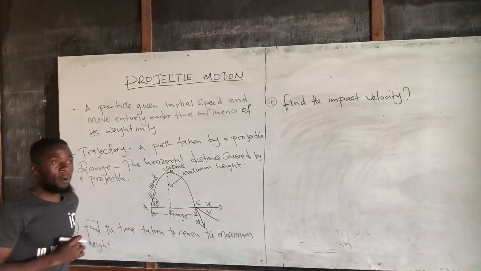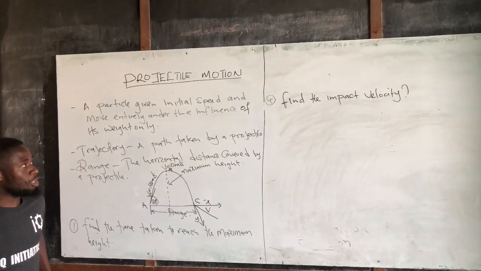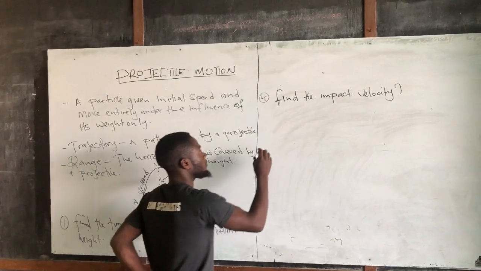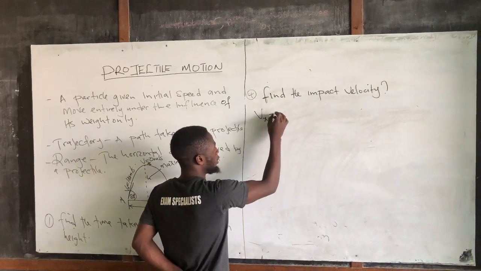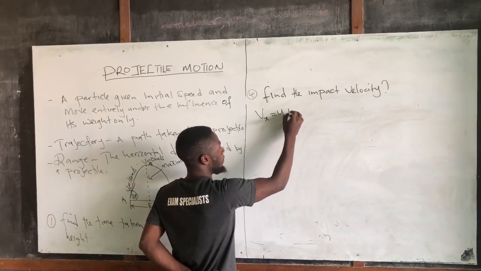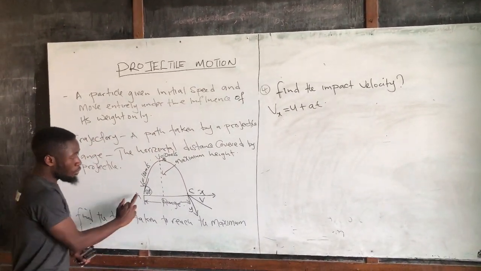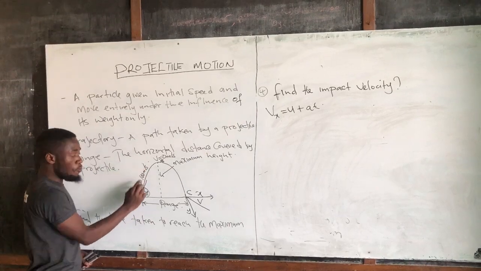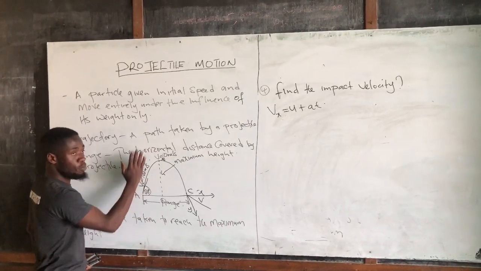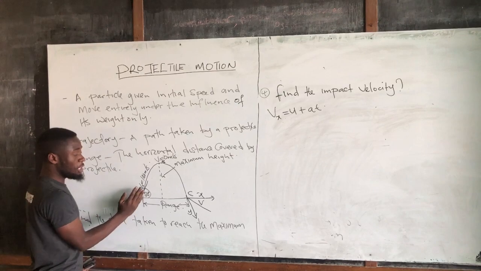So now let's talk about the velocity in the X direction. Say Vx is equal to U plus at. What is happening here? When you kick a ball, it moves up in the vertical direction.